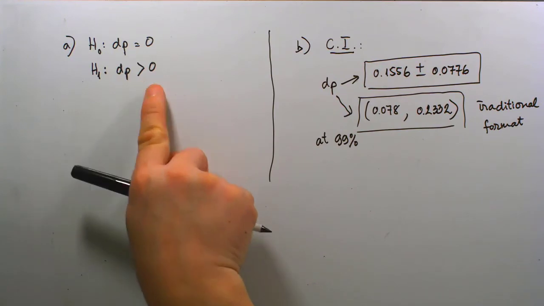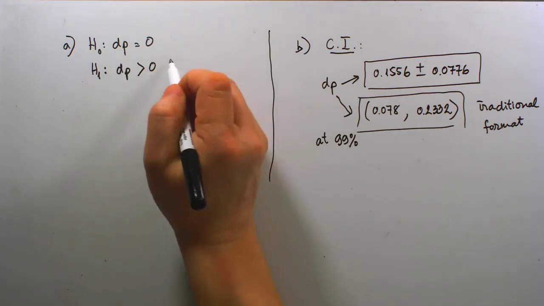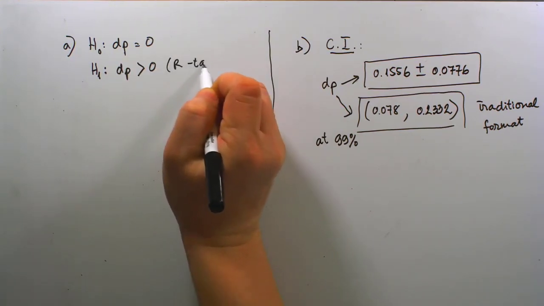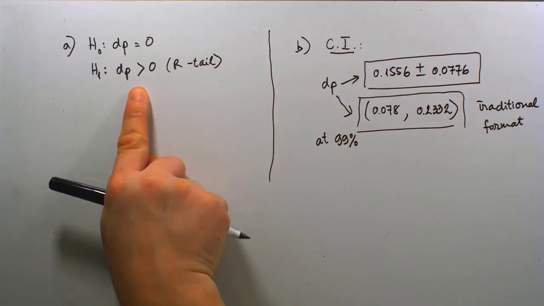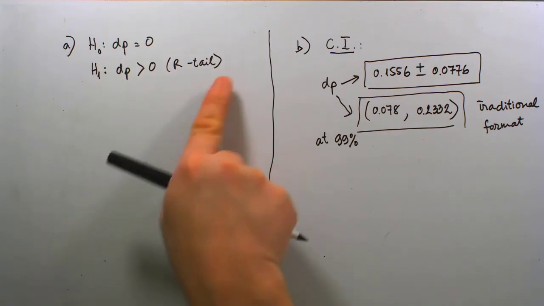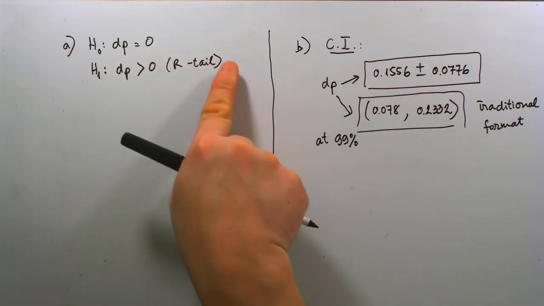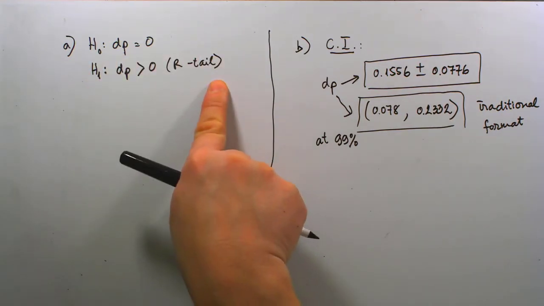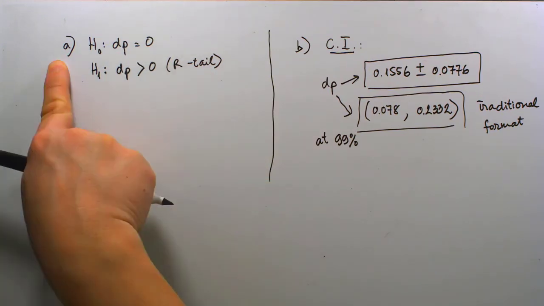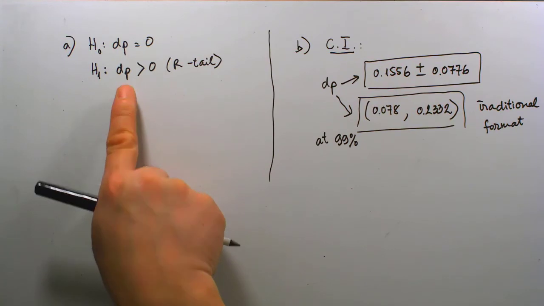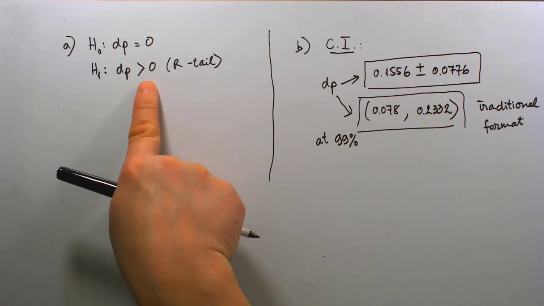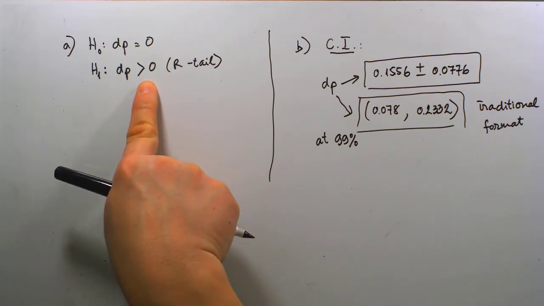And so again, we came to this right tail test simply because of our starting labeling convention from the beginning. In the way we had already decided to test the hypothesis, at the end of part A, the only thing we knew was that dp is highly believed to be above 0.